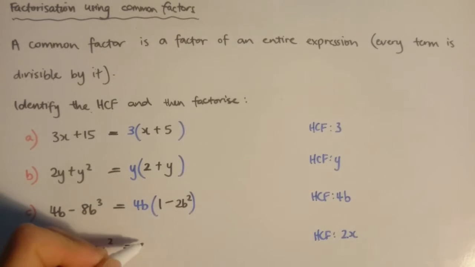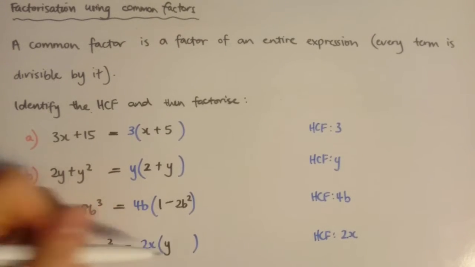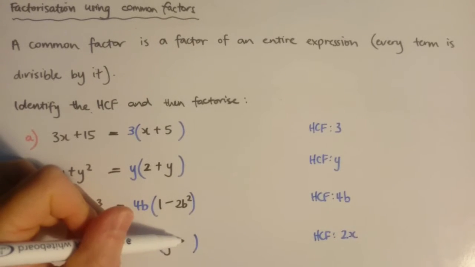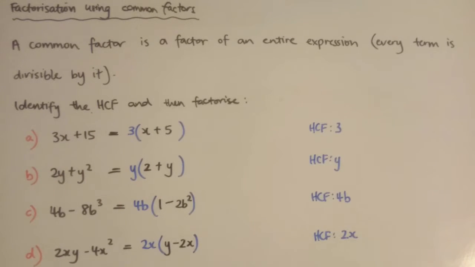So we can take out the highest common factor of 2x, and inside the bracket we'll be left with a y for the first term and negative 2x for the second term. Quick check: 2x times y is 2xy, 2x times negative 2x is negative 4x squared.